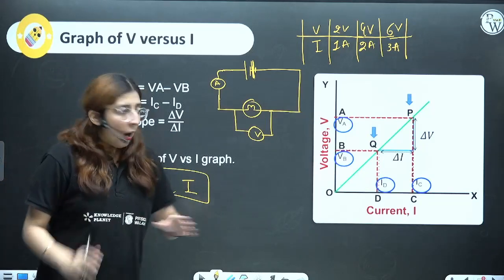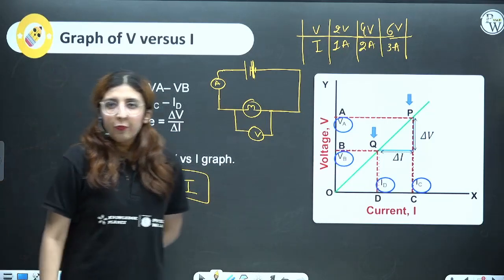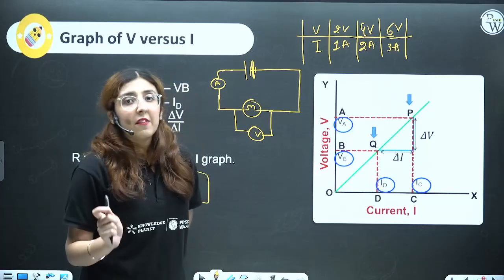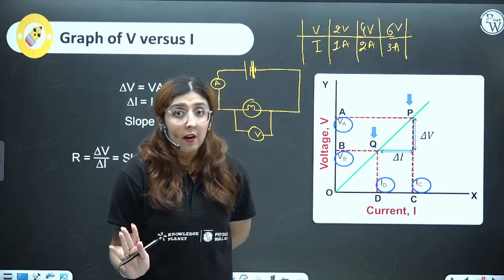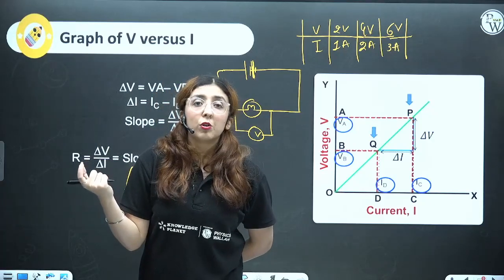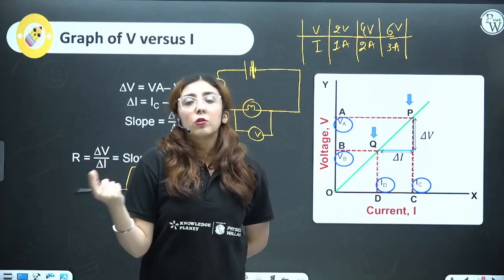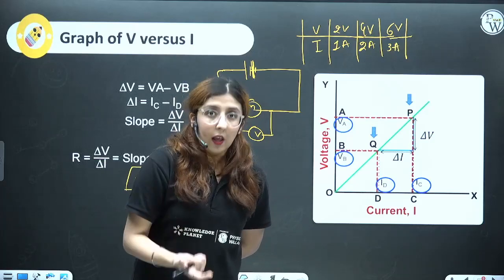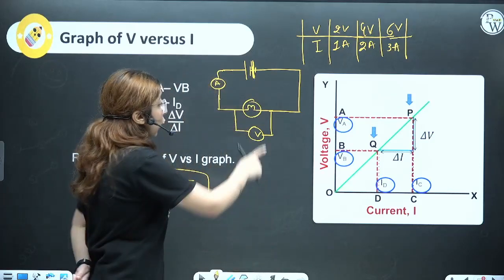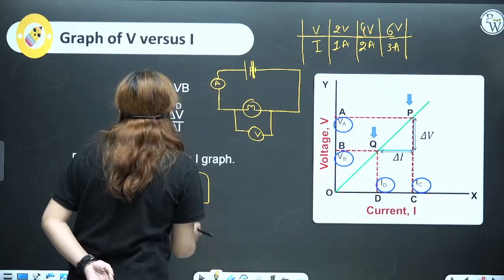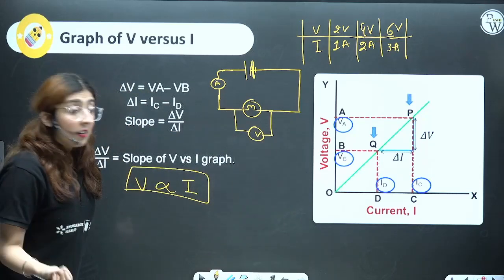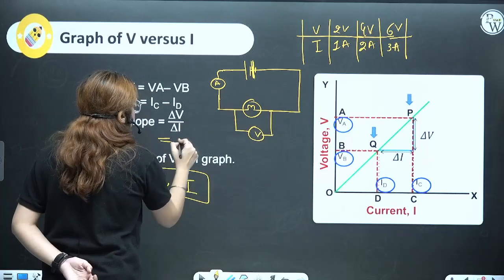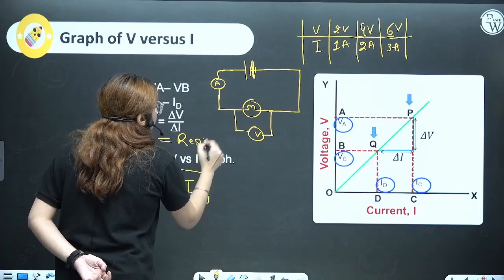Now have a look at the graph over here. I believe all of you remember the slope of a graph, like the distance-time graph and the speed-time graph, each of which gives you something. Similarly, the slope of the VI graph, that is the voltage and current graph, will give you resistance. Why?